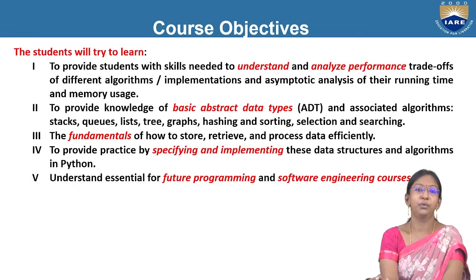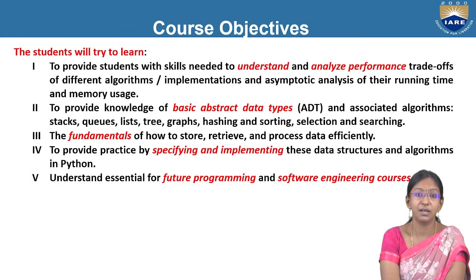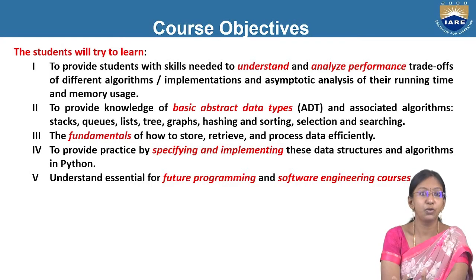One of the important course objectives is it provides students with the skills needed to understand and analyze performance and trade-offs of different algorithms. What it means is for any problem there will be n number of solutions, and to evaluate, or you can say to go for performance analysis of these algorithms using asymptotic analysis, a mathematical tool for that is asymptotic notations.